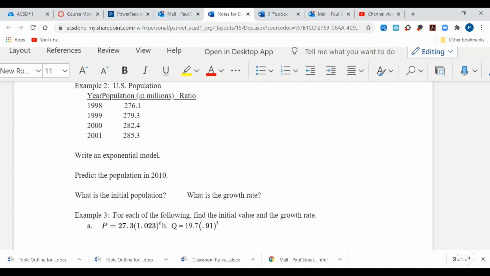So when we do those ratios, we're going to take the 279.3 divided by 276.1, and to 4 decimal places. Anybody gotten that far? What do we get?